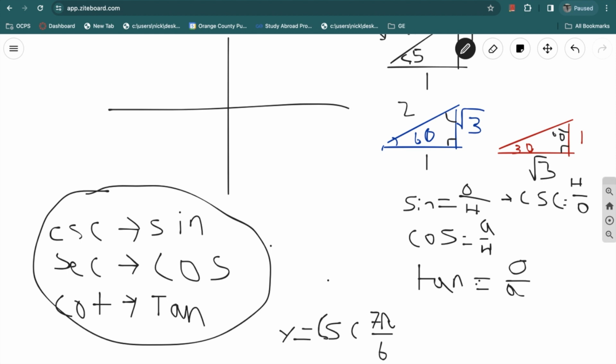Now we have to find the angle, 7 pi over 6. So we know it's over 6. That means it must be a 30-degree angle, because 30 degrees fits 6 times in 180. That's why it's important to memorize your 30, 60, and 45-degree angles in radians.